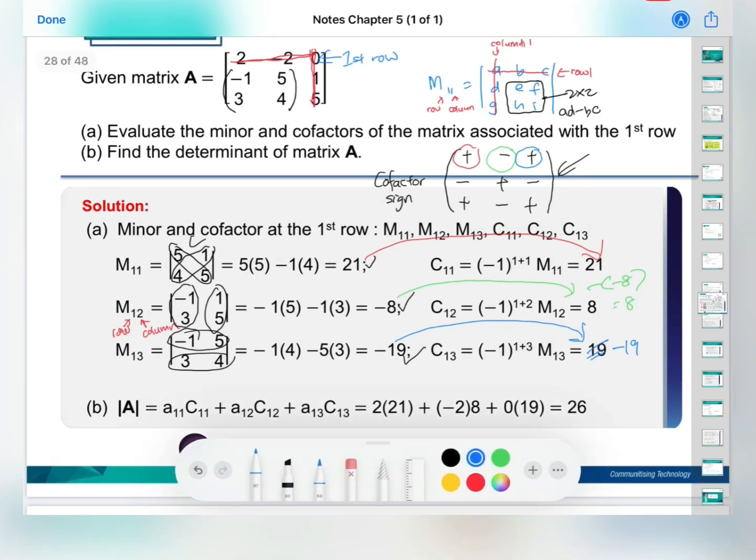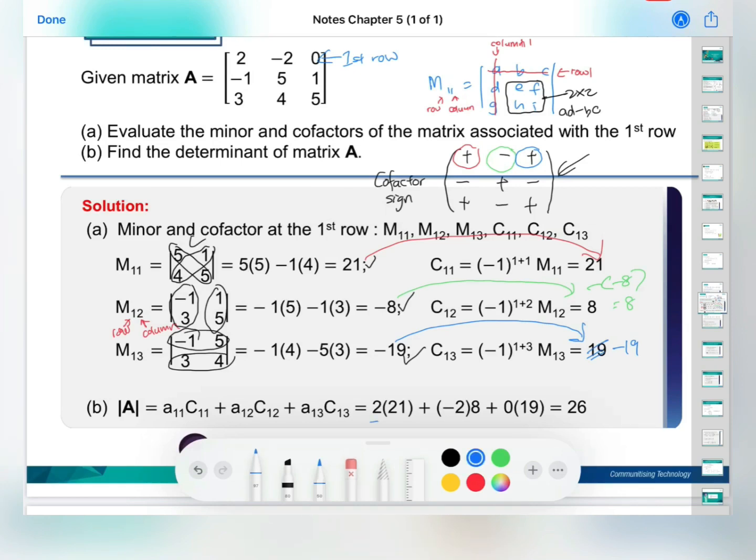Okay, so for the determinant, as in the formula, you multiply your element with the associated cofactor in the same row and column. For example, C11 is associated with element A11, which is the 2, so 2 times 21.